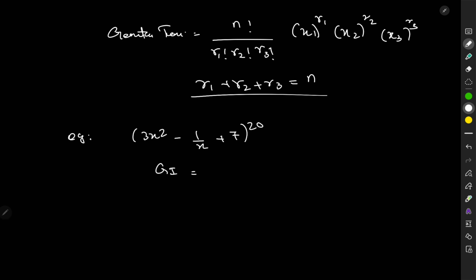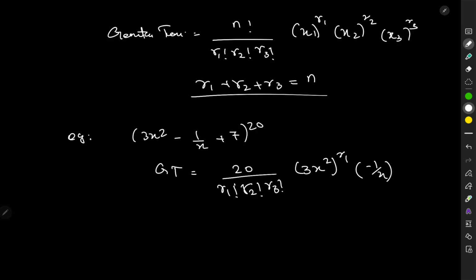So 20 factorial by r1 factorial, r2 factorial, r3 factorial, and x1 is 3x square to the power r1, minus 1 by x to the power r2, 7 to the power r3. So this will be the general term.